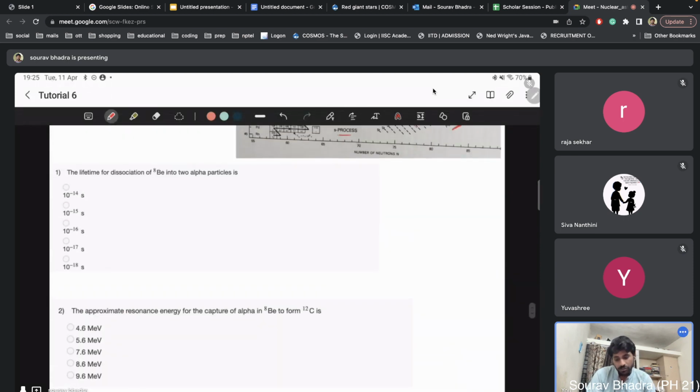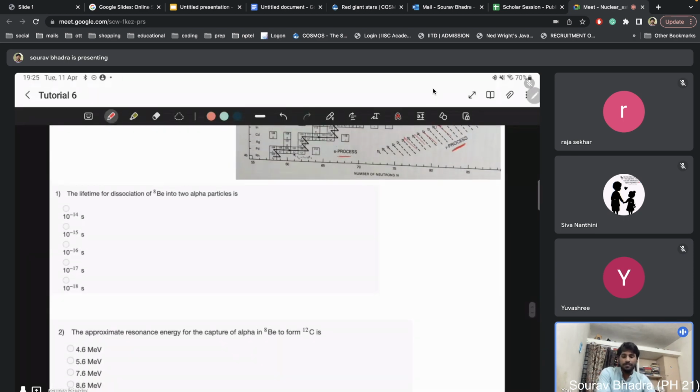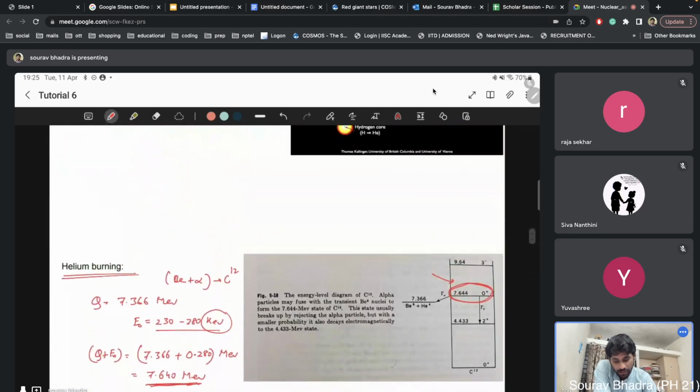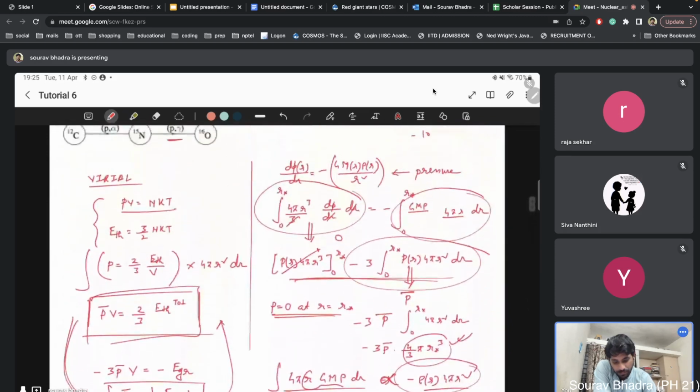So the first question was the lifetime for dissociation of 8Be into 2 alpha particles.